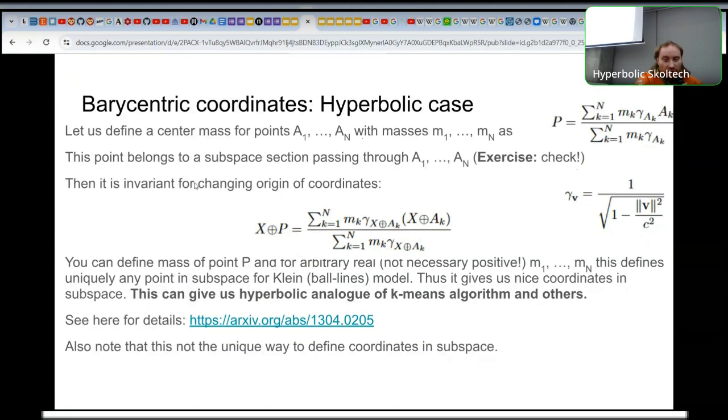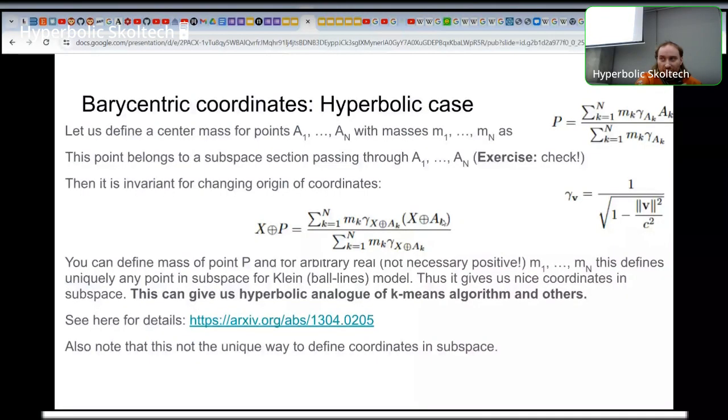And actually, why is the choice this? If you just add some gyrovector x to all points, then you can recompute the whole thing, and it will be the same equation for points x plus ak. This is a nice equation.